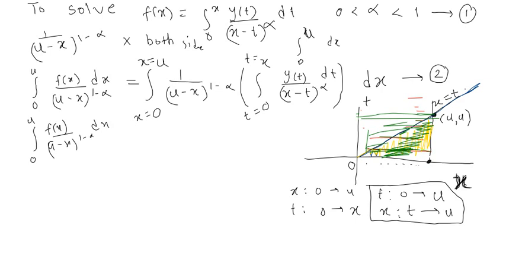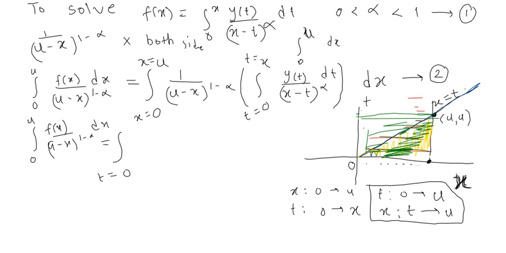will be equal to the integral where t will vary from 0 to u. I am taking this dt outside and dx inside, okay, because the limits of integration are changed.